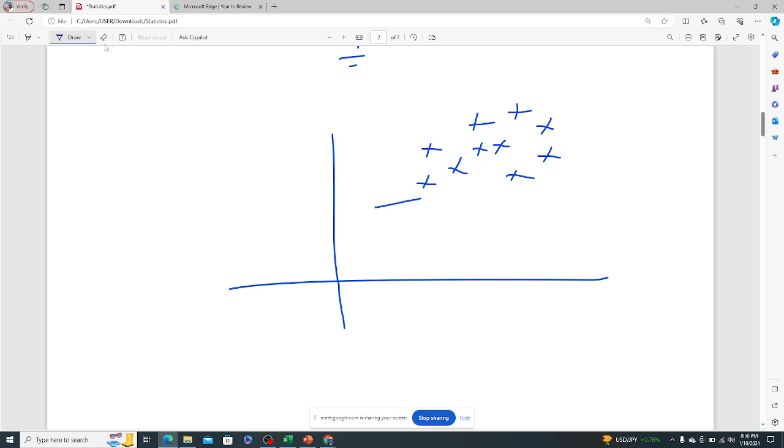Let me assume this is my line of best fit. I don't know if I will draw it accurately. Let's assume this is our line of best fit. If this is our line of best fit, and assume at this point, let me just extrapolate it.